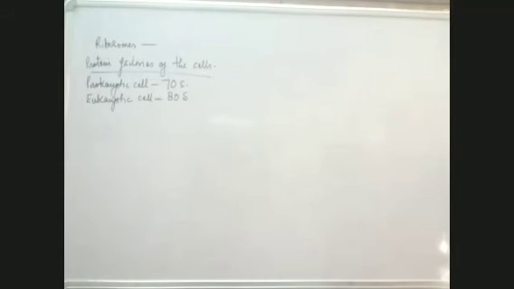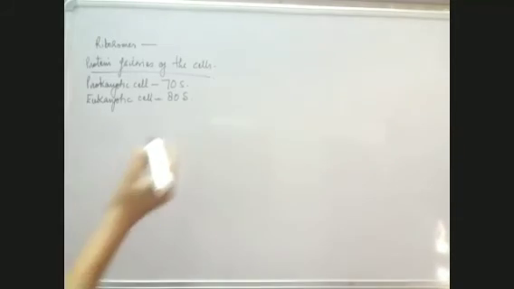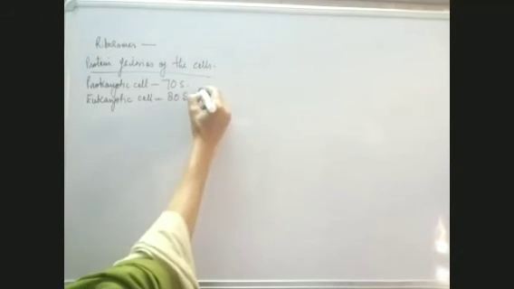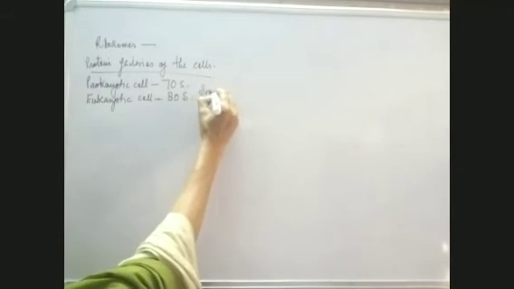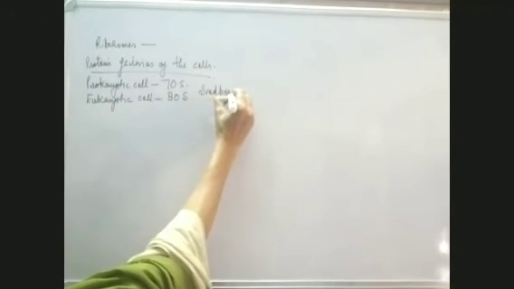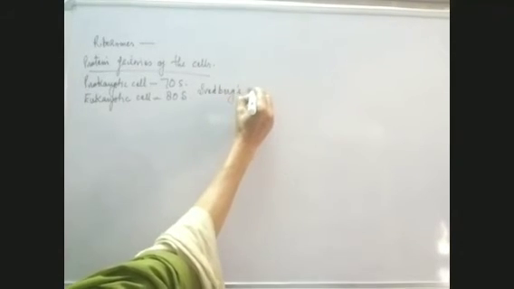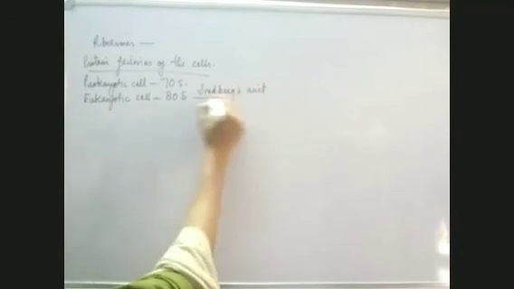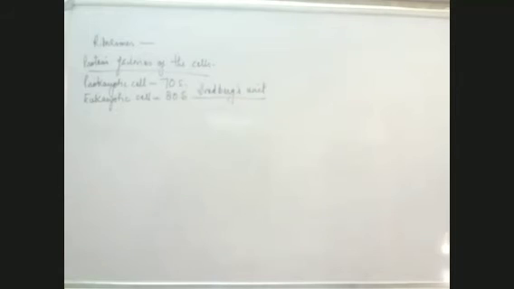No? S is Svedberg's unit. If you remember, we did Svedberg's unit in class 11. It is the rate at which they settle to the bottom of the centrifuge tube. S in the case of ribosomes is Svedberg's unit.